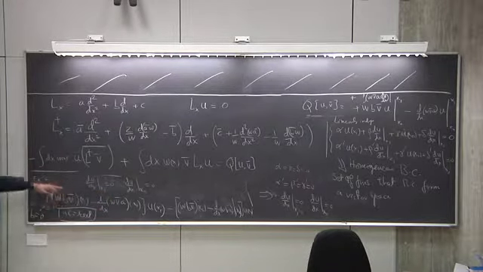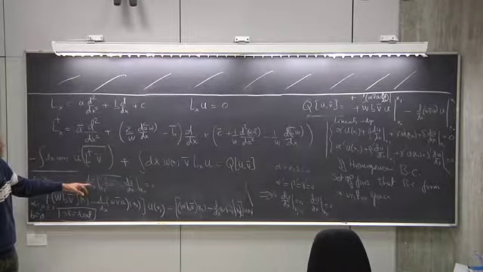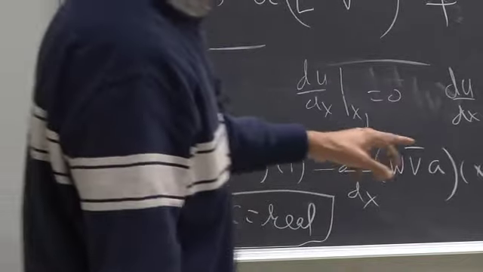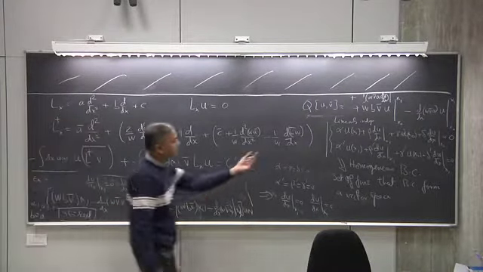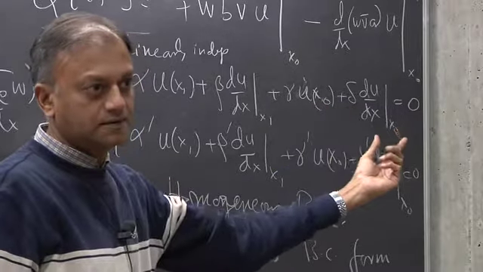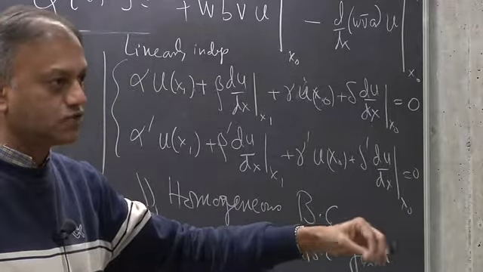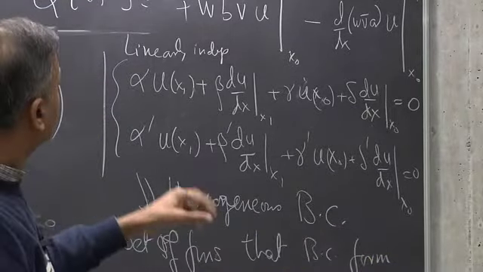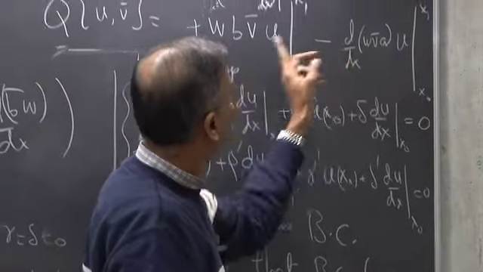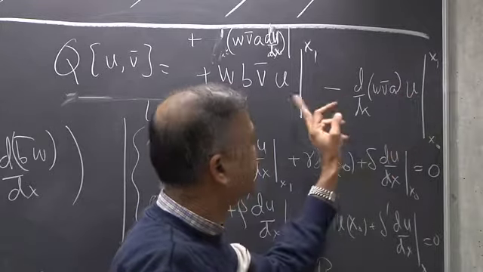In fact, under these conditions, you could have also chosen Dirichlet boundary condition. For example, suppose the Dirichlet boundary condition is u of x1 is 0 and u of x0 is 0. Value of the function is vanishing at the endpoints. This is what is called the Dirichlet boundary condition. If you had done that, you go back here, then these will vanish, because this involves u at x1 and u at x0.